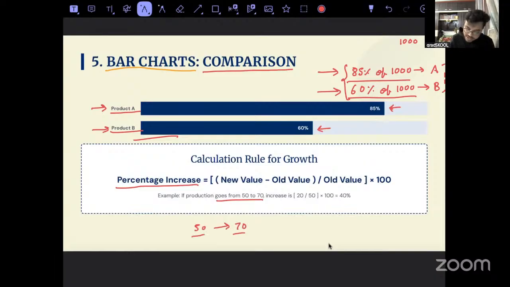There's a change of 70 minus 50, which is 20. So there's a change of 20 out of 50, the earlier value, into 100. This is how we can calculate percentage change. I know you might not have understood, so again, I'll explain how to calculate the percentage change.